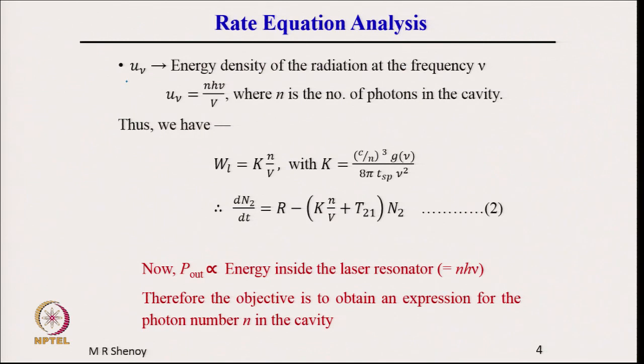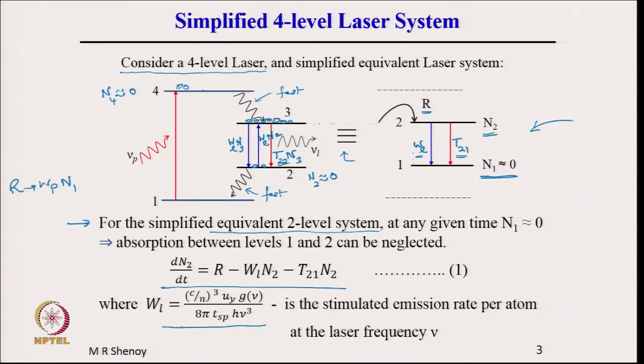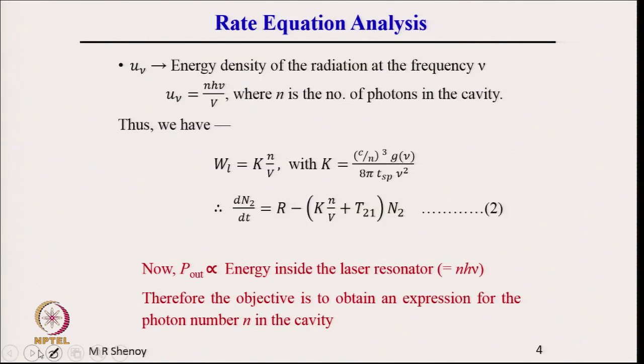Where U nu in the previous expression is the energy density of the radiation at the frequency nu, which means if n is the photon number in the cavity, then n h nu per unit volume V is the energy density, where n is the number of photons in the cavity.